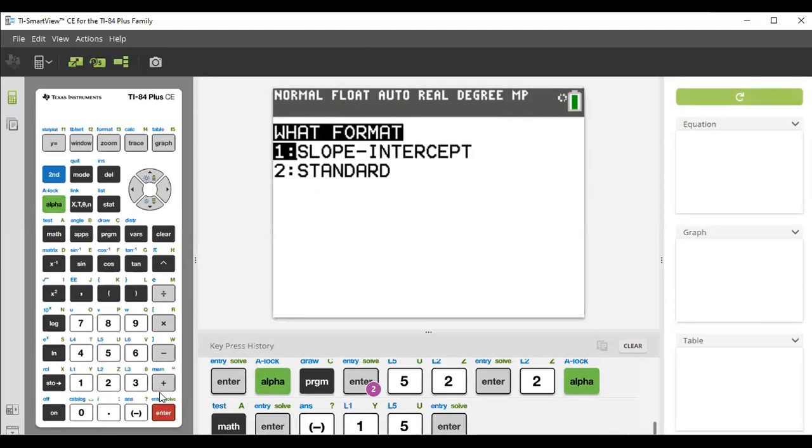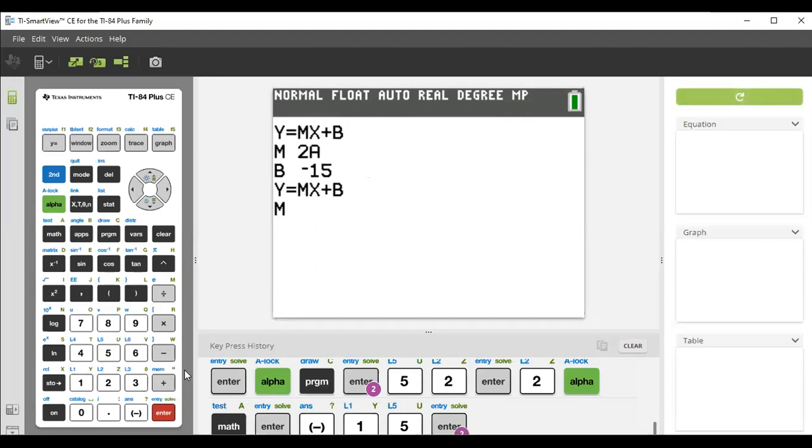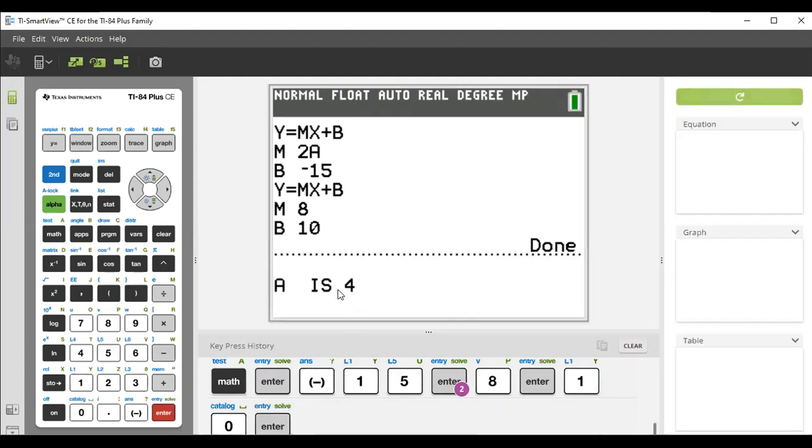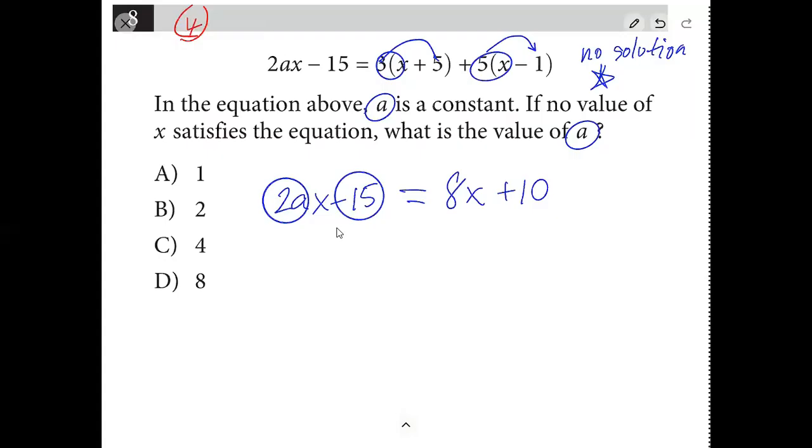And then the right-hand side was in slope-intercept form, so we simplified it to 8 for the slope, and the y-intercept was a +10. And when we press enter, it tells us that a must be 4. So if we go back to the actual question, a must be 4.